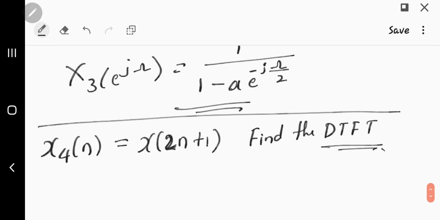Almost all kinds of property problems, most of them, I have tried to cover in the videos regarding the DTFT. If you have any queries, do reply or comment in this video. I hope you have understood the method that I have discussed in this video. It's a little bit lengthier one, so thank you for your time.